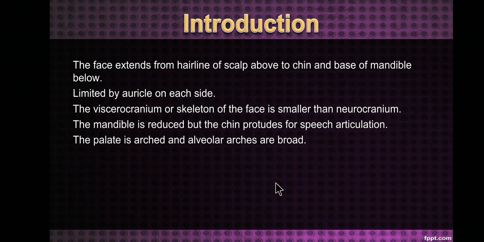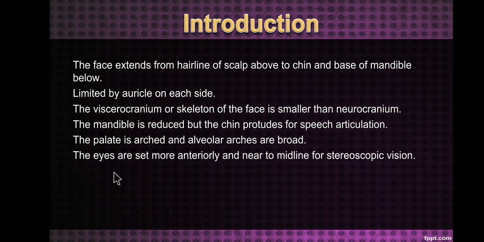So, this makes the oral cavity roomy, with more room for articulation of the speech. For articulation of the speech, the palate is arched and the alveolar arches are broad because we communicate through speech. Again, humans mainly communicate through the speech.